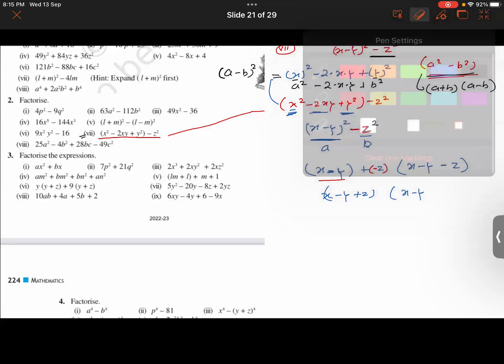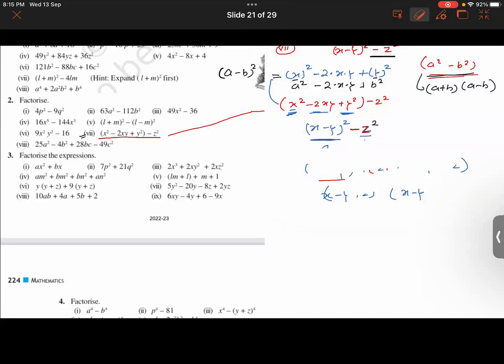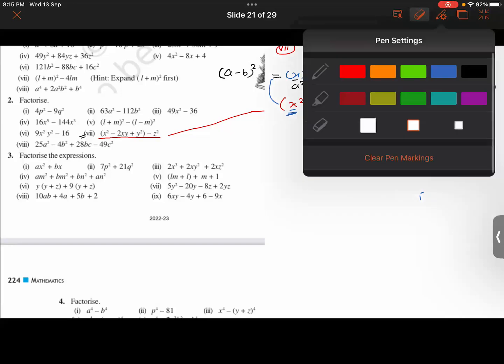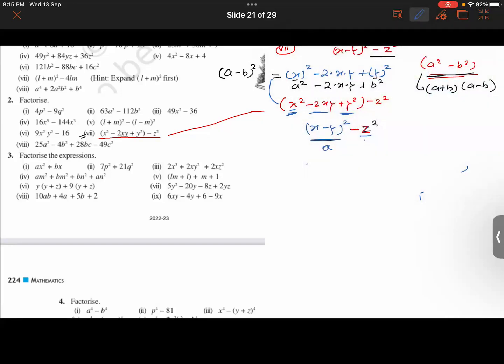Let me rewrite this. So x minus y, this is a, this is b here, right? So it's a plus b into a minus b. That means x minus y plus minus z, right? No issue in that one. And then multiplied by a minus b.